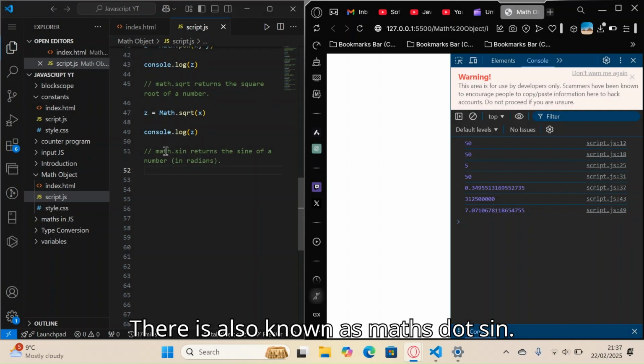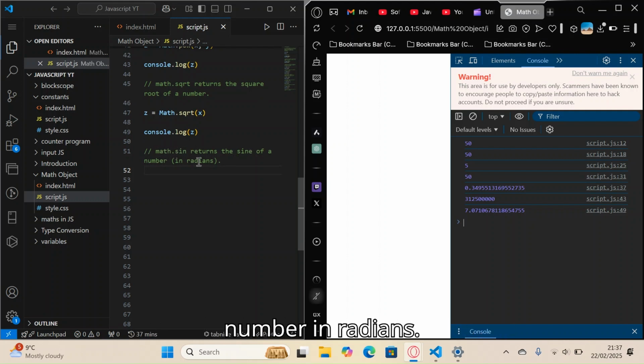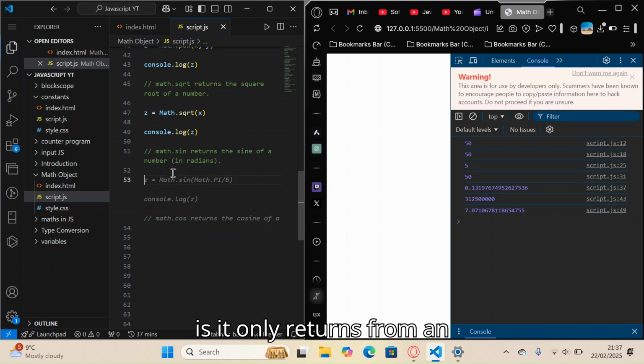There is also math.sin. Math.sin returns the sine of a number in radians. So what it means is it returns a value that can be positive or negative.